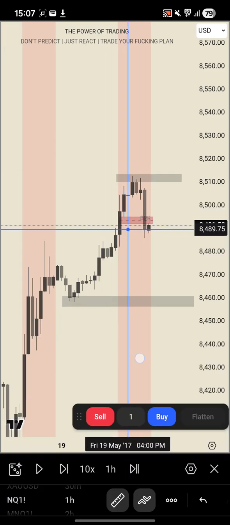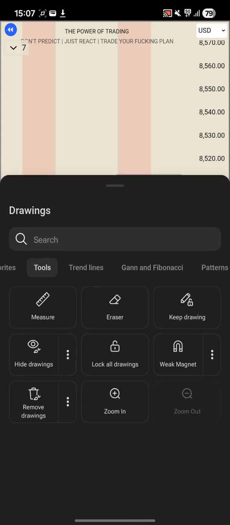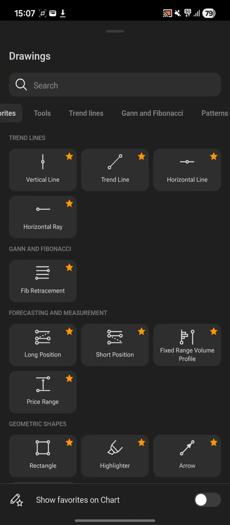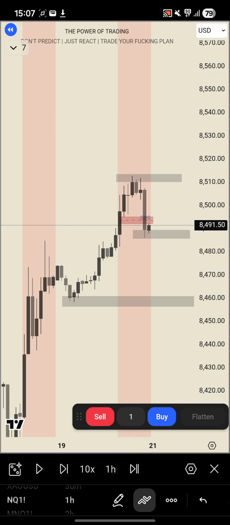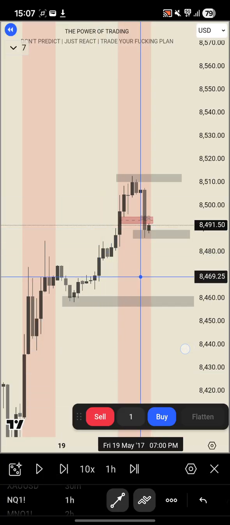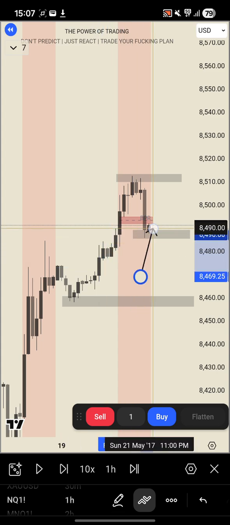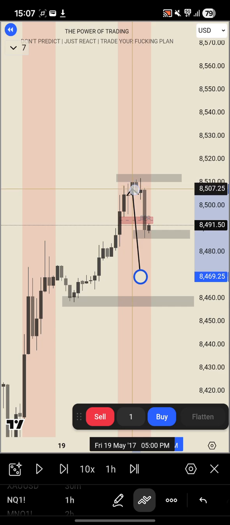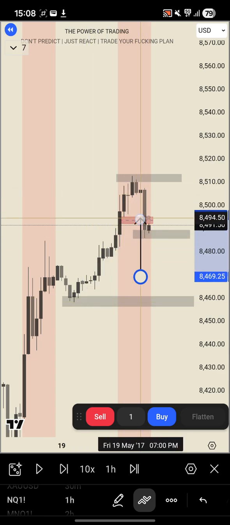And again, price is slowing down at this point, this current day. So we'll just mark this. So we've got a high, we've got the current day's low, but we've got this low that pushed price up.